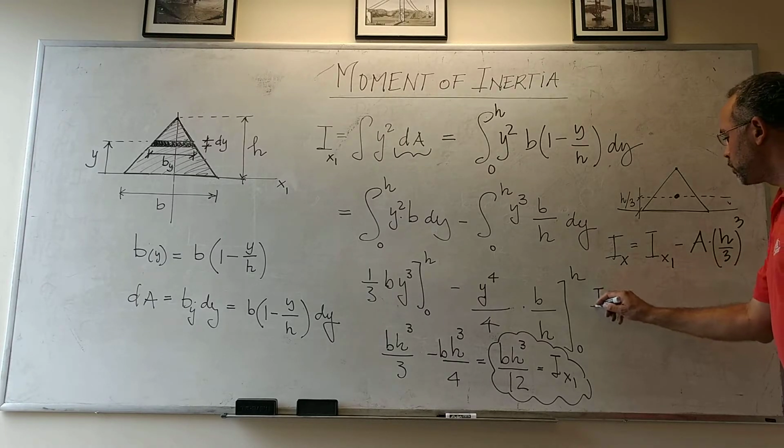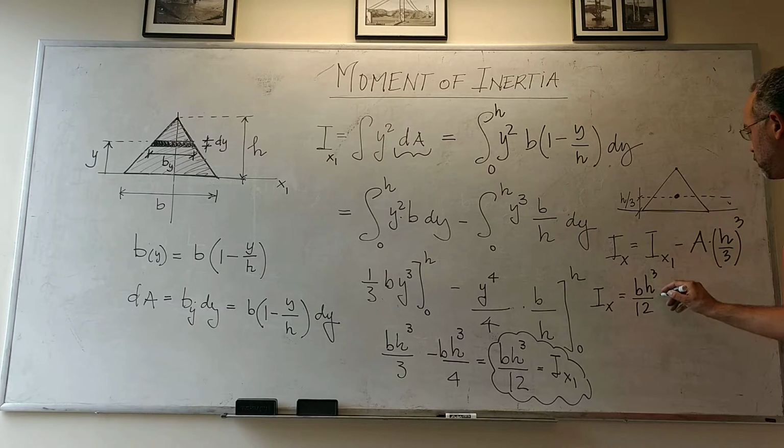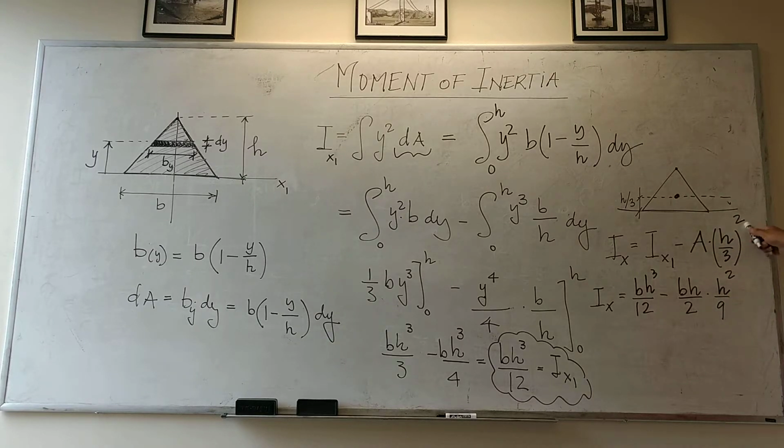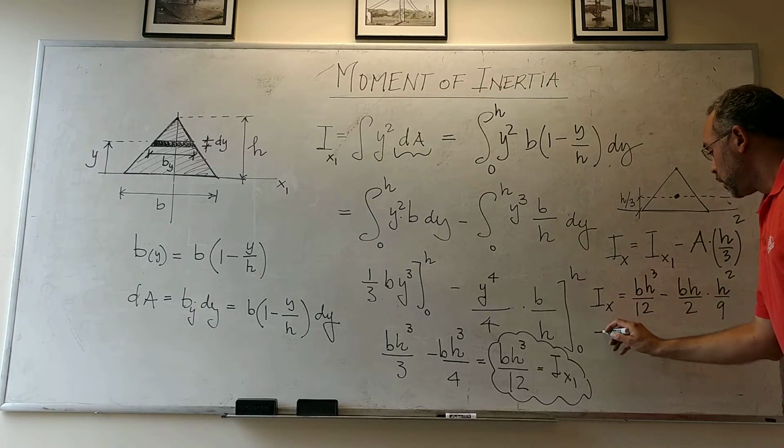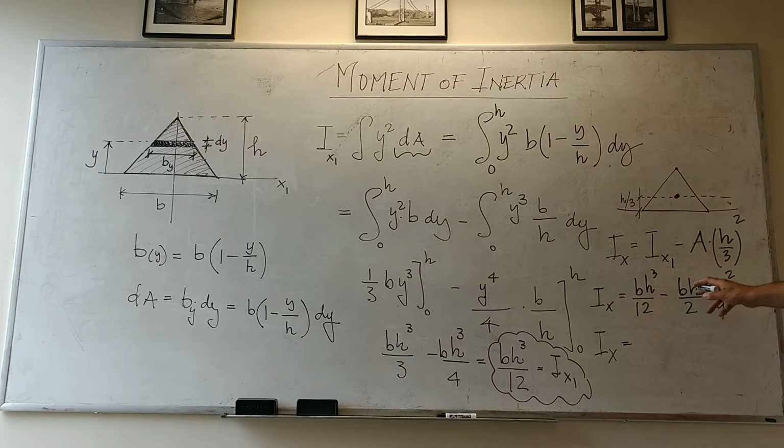And so the moment of inertia around the centroid would be bh cubed divided by 12 minus bh over 2 times this is h squared, h squared divided by 9. Again, this is h over 3 squared. The answer becomes, this is bh cubed over 18.